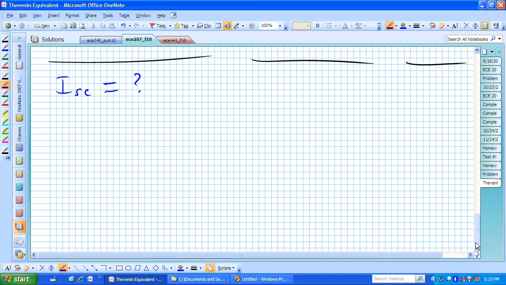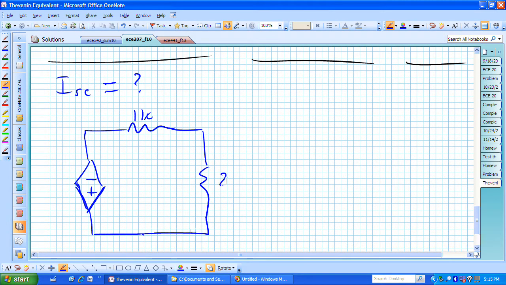To do this, we need to sketch or create the appropriate circuit, which is different from the circuit that we just had, in that we now short the terminals between terminal A and terminal B. Here's 1K. Here's our 2K. Again, this is 2000 I sub X as a dependent voltage source. Here is our source of 12 volts.